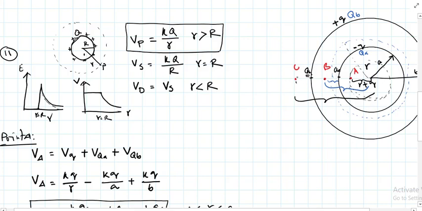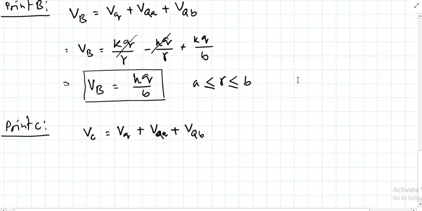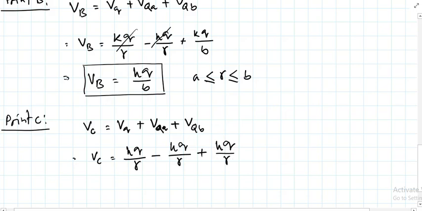So that's why VC would be k times the charge at the center, radius r, minus kq, the charge at the surface QA with radius r outside, plus kq, the positive charge for the surface QB, divided by r, because it is outside of that radius.